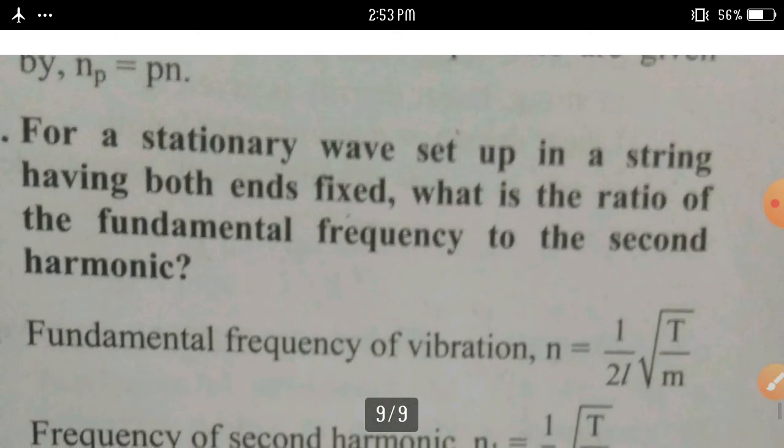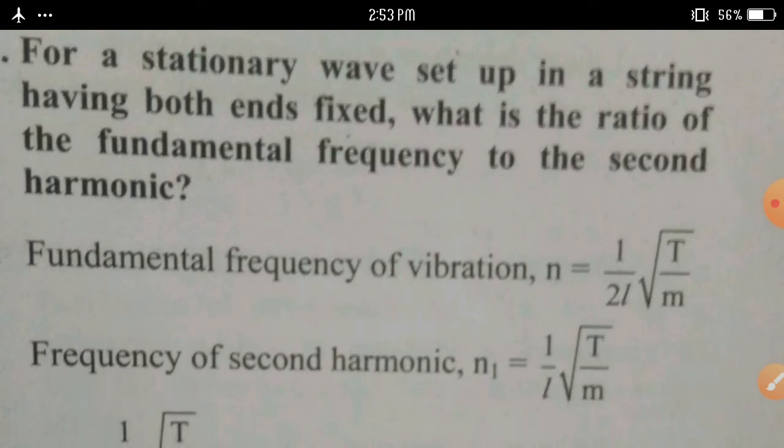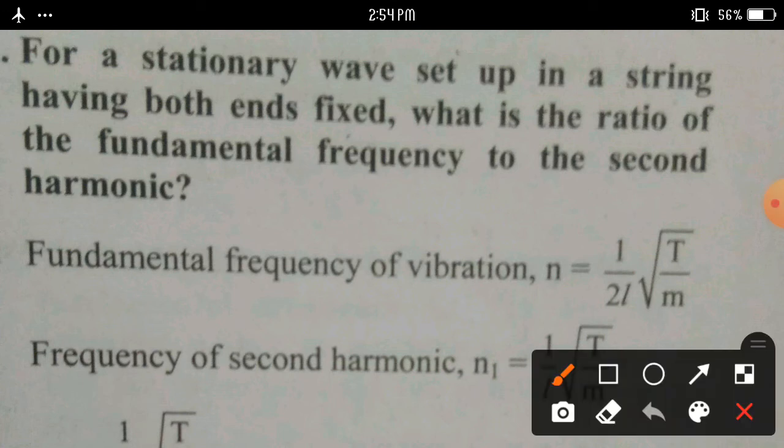Another note we consider here: for a stationary wave set up in a string having both ends fixed, what is the ratio of the fundamental frequency to the second harmonic?